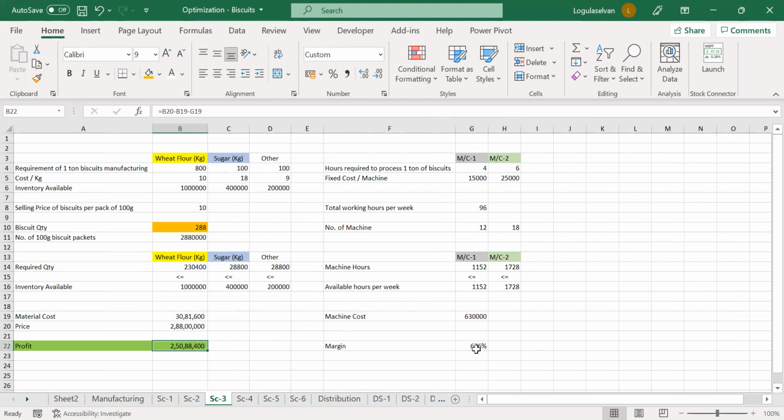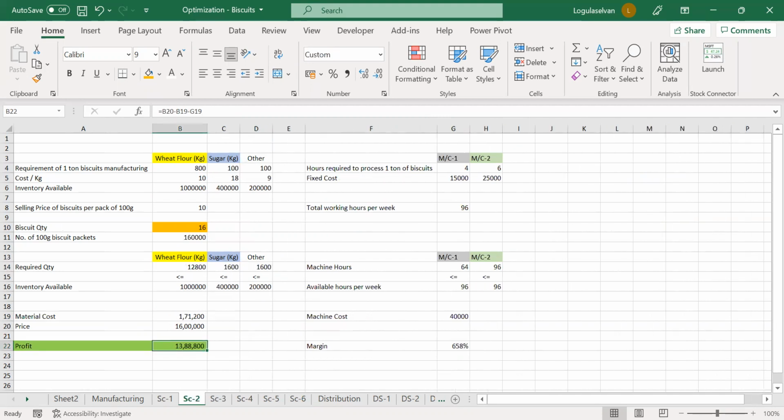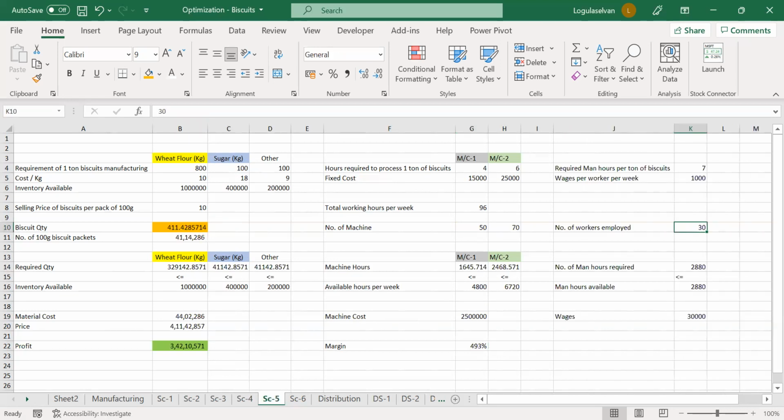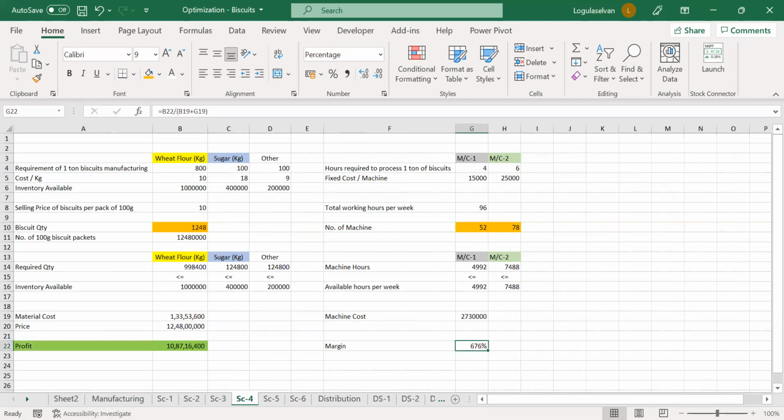In second scenario, we can neglect it because the company was working on only one machine. But when it comes to a fixed number of machines they were having, it dropped down with the constraint. By adding only a machine constraint here itself, it dropped to something around 600%. In fourth scenario also, the machines and everything is keeping the margin down.